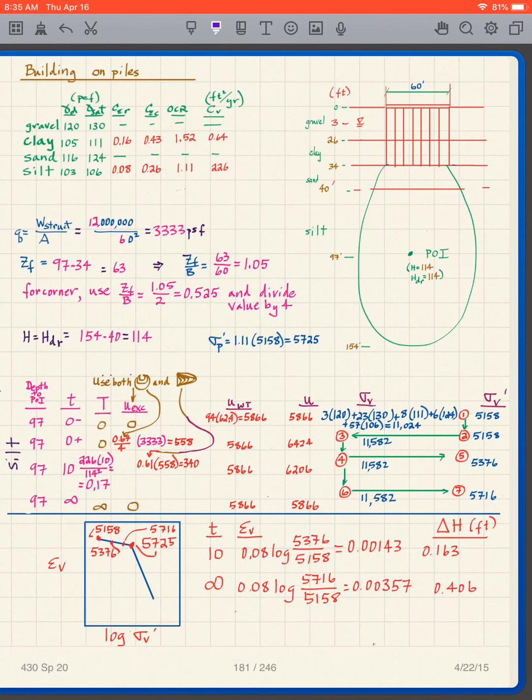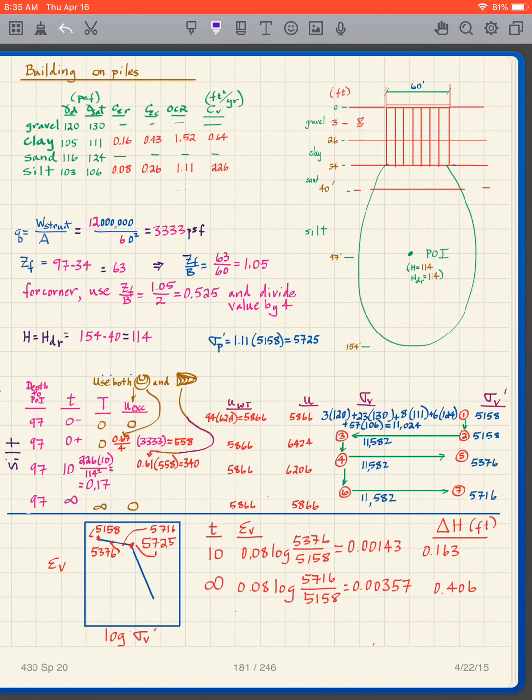And I used 0.67, it's approximate, I divided by 4, because that's our trick. We got to divide by 4 to get the corner. And we multiply by our Q is 3333. We get our UXS at T equals 0 plus of 558.